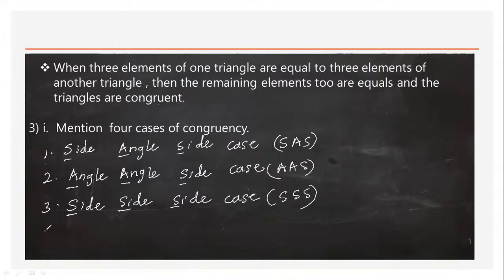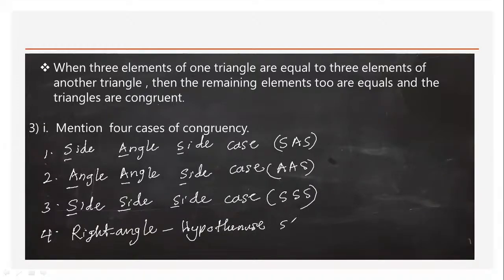Right angle, hypotenuse, side: RHS. These are the four cases of congruency: SAS, AAS, SSS, RHS.